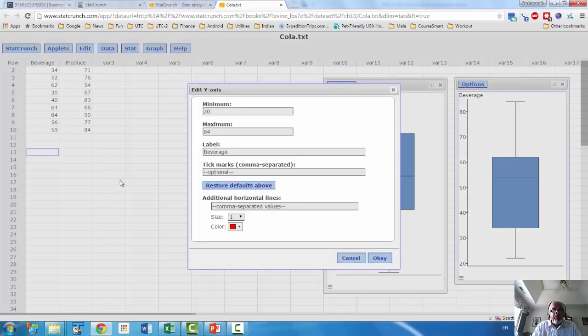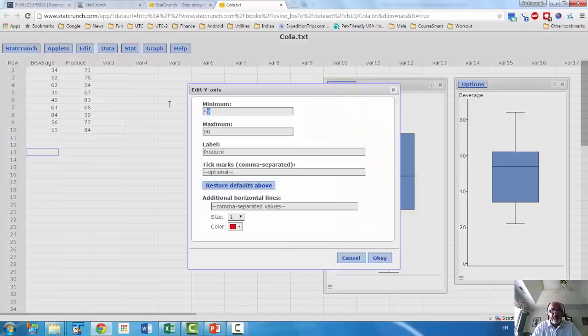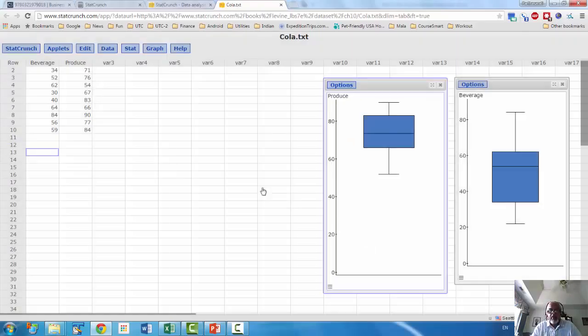Y-axis 0 to 90. Okay, and let's make sure that this is also from 0 to 90.